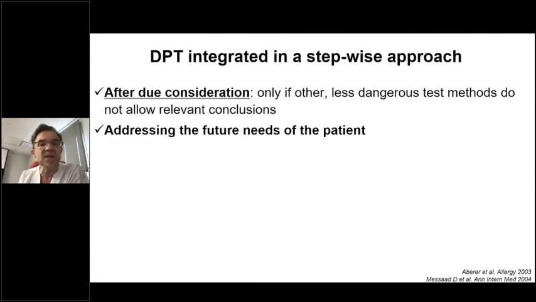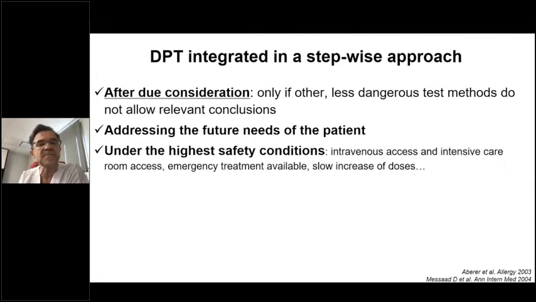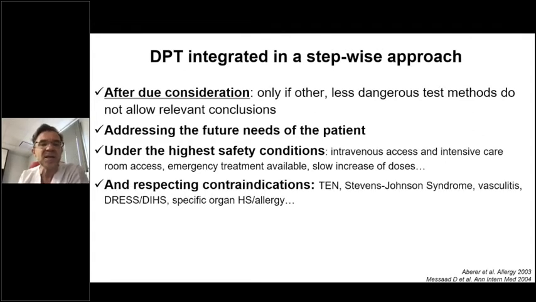They really need to address the future needs of the patient. They have to be performed under the highest safety conditions and respect the following contraindications, all the severe forms that we cannot control if we re-induce them.